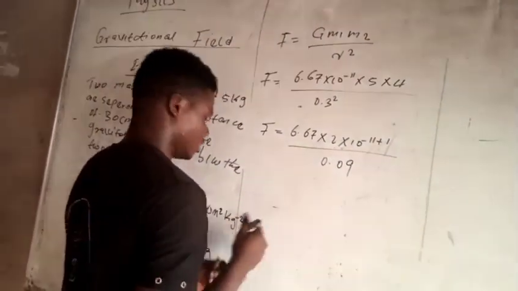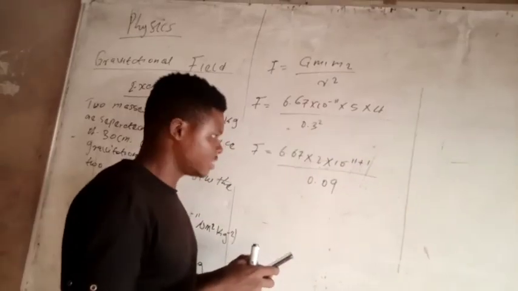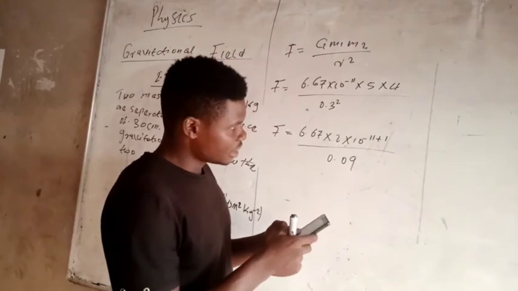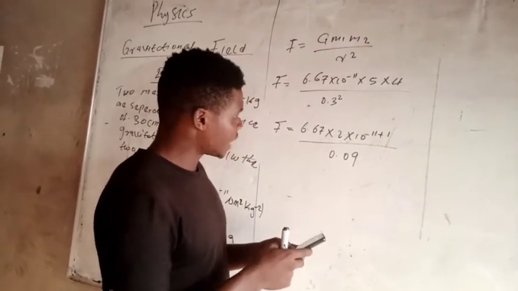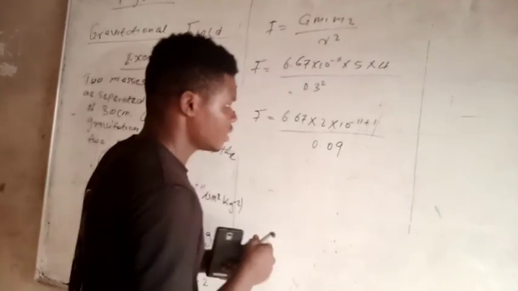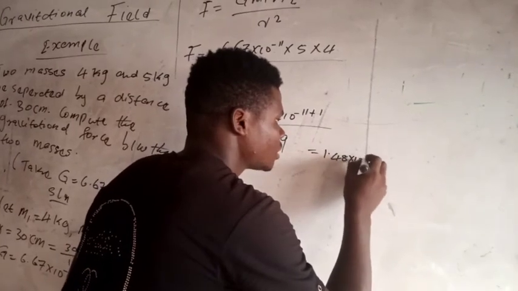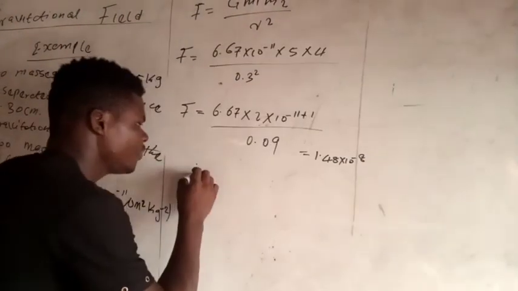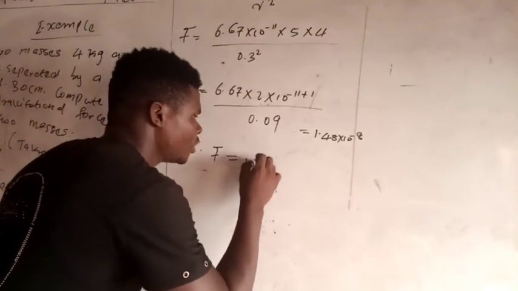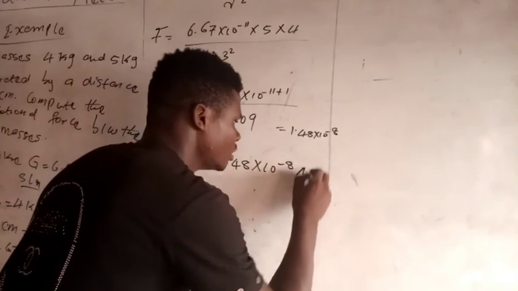Now, if you punch your calculator, as I'm going to do, 6.67 times 10 raised to the power minus 11 plus 1 multiplied by 2 all over 0.09, this is equal to 1.48 times 10 raised to the power minus 8. Therefore, the gravitational force F between the two masses is equal to 1.48 times 10 raised to the power minus 8 Newton.